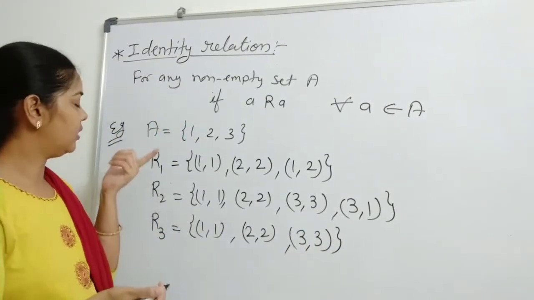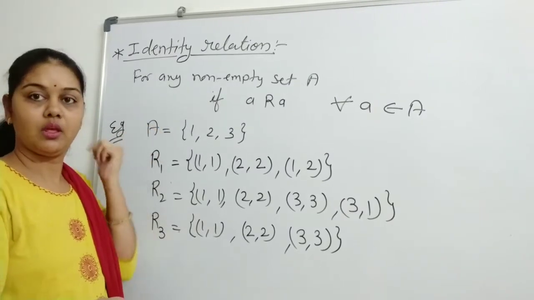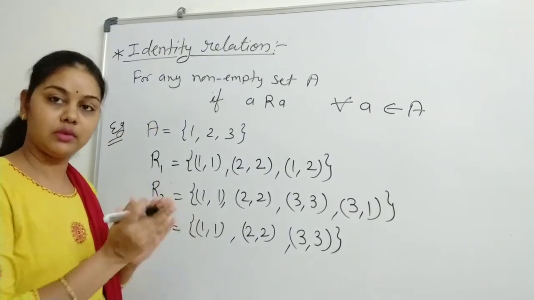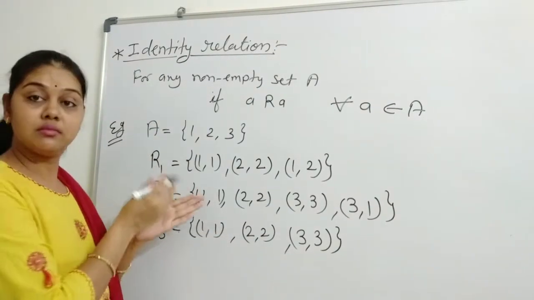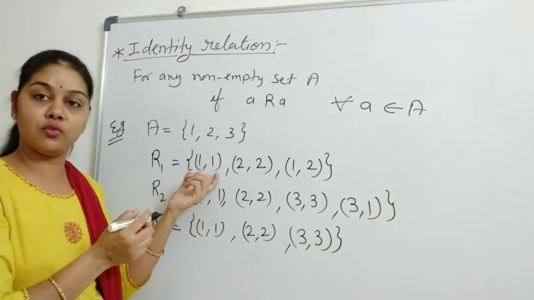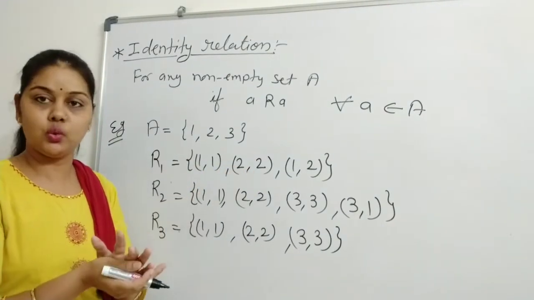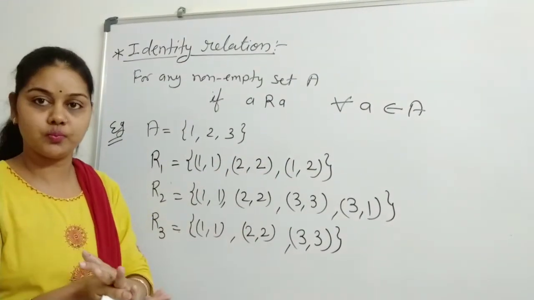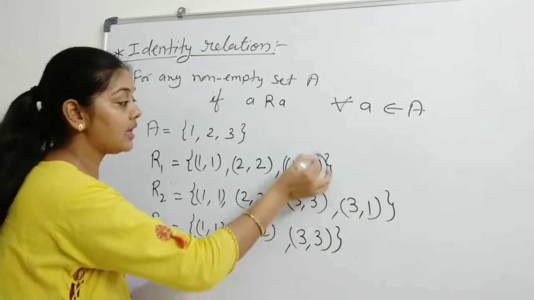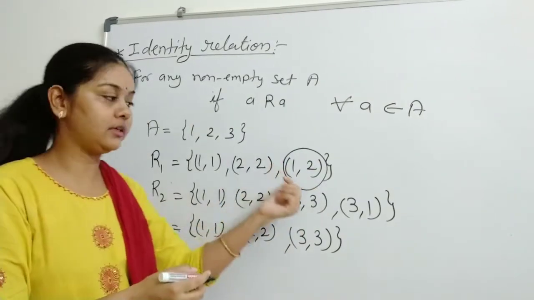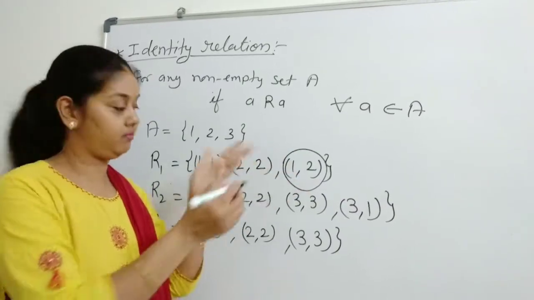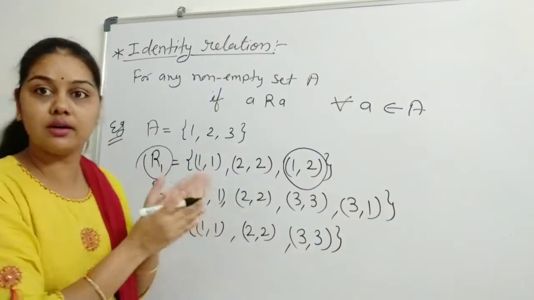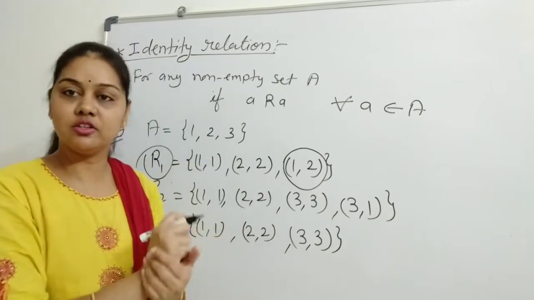Look at here, I am given a set A. R is a relation from A to A. In R1, we can see that 1 is related with 1, 2 is related with 2, and 1 is related with 2. Since here this element is not related with itself, R1 is not an identity relation.